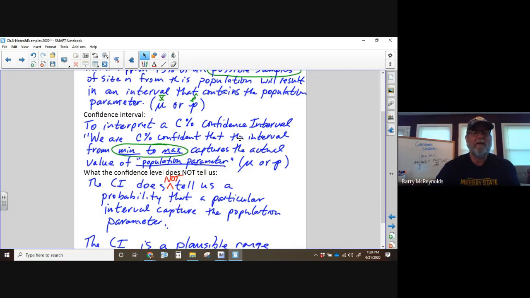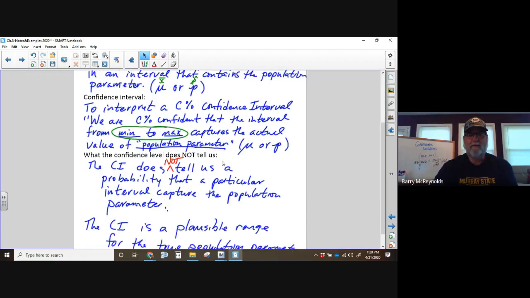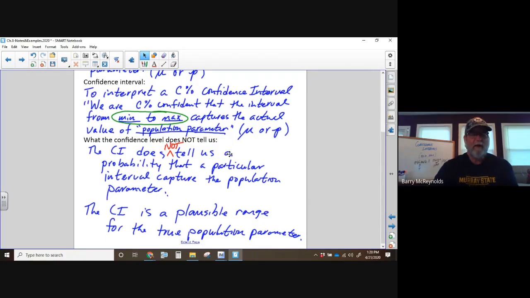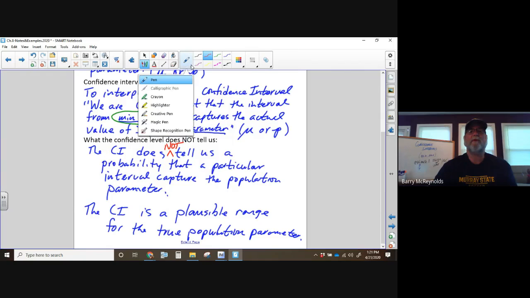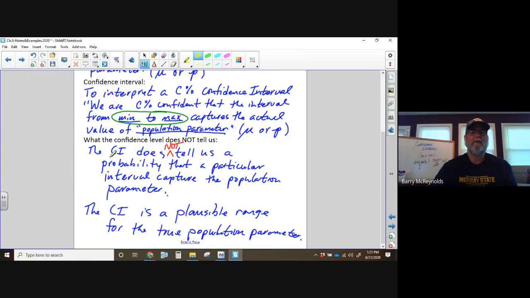Now, some students really get confused. Confidence level and confidence intervals do not talk about probability. So as you go through here, make sure that you understand that these things do not talk about probability.